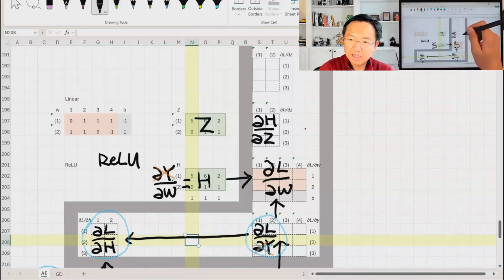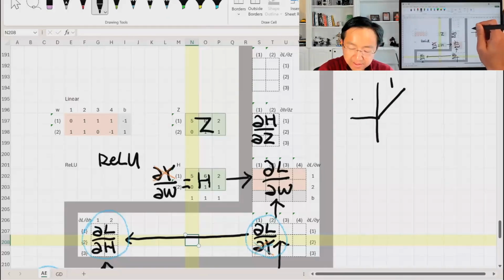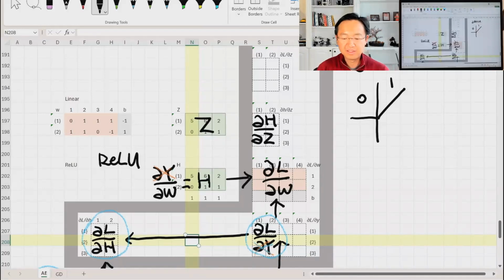It turns out with ReLU activation, when something is positive, the gradient, the slope, is 1. When it's negative, the slope is 0. Okay? ReLU. That's why I'm going to put another 1 and 0 over here.